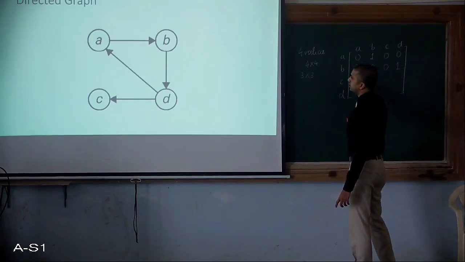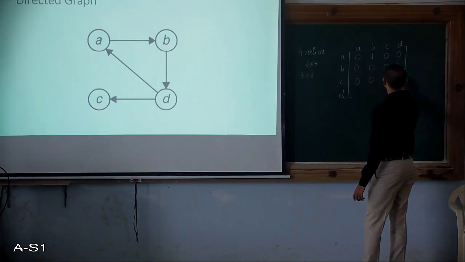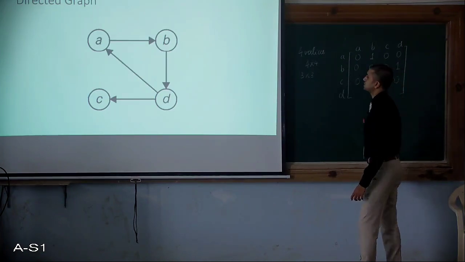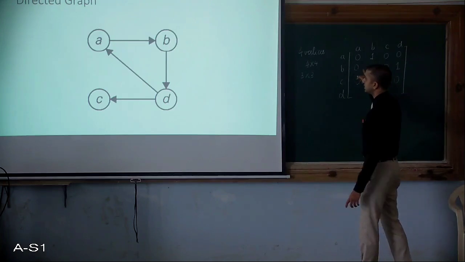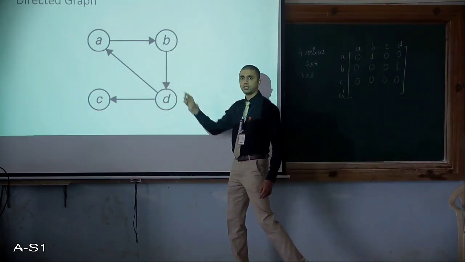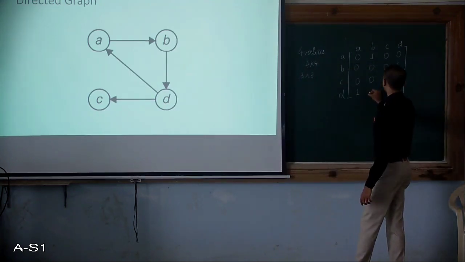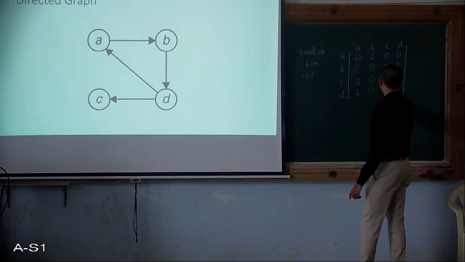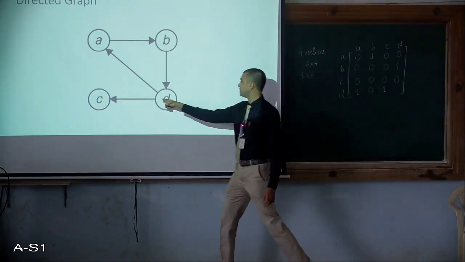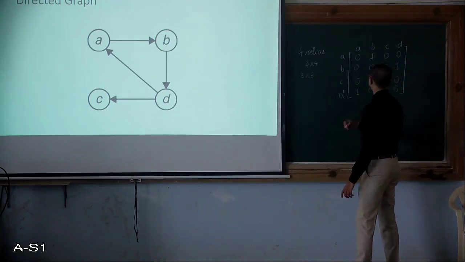C to A is 0, C to B is 0, C to D is 0, and C to C is also 0. Next, D to A, yes, I have an edge from D to A, so D to A is 1, D to B is 0, D to C is 1, yes, I have an edge from D to C, and D to D is again 0.